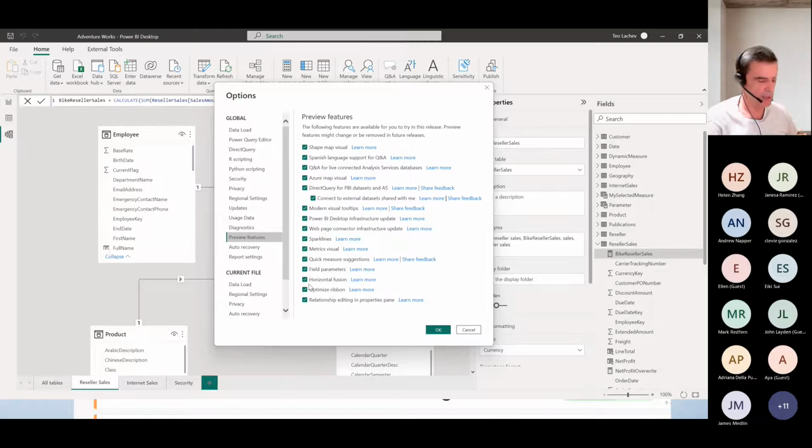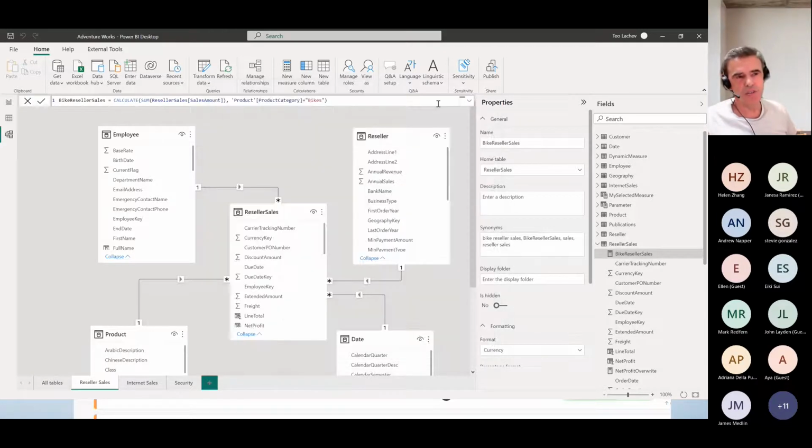One of them, recently announced, is horizontal fusion. What is that? That's an optimization on the Power BI side of things. In Analysis Services Tabular, which is the workhorse of Power BI, under some circumstances the engine is capable of optimizing the query.